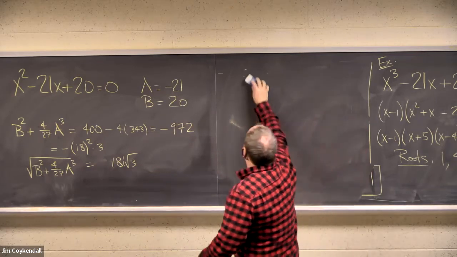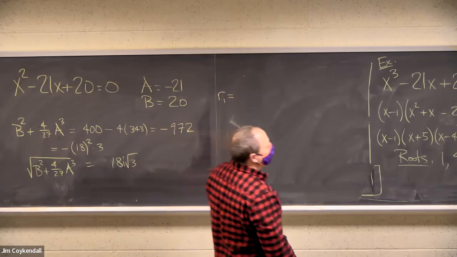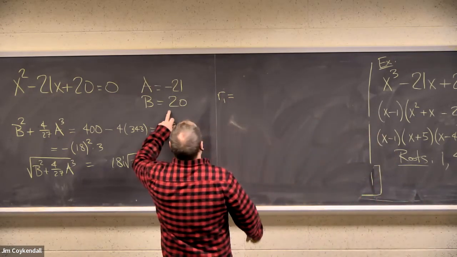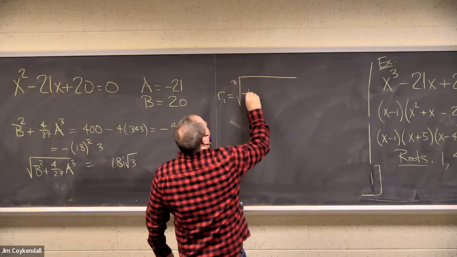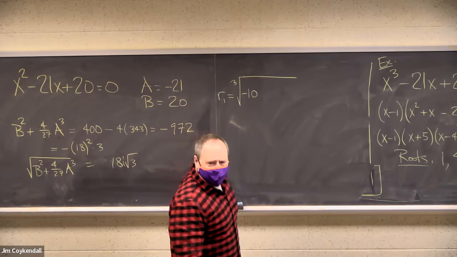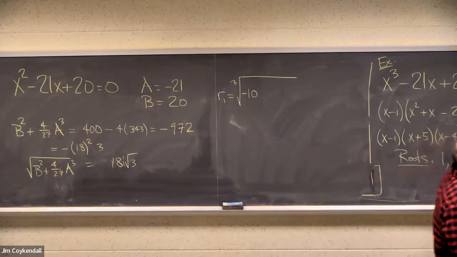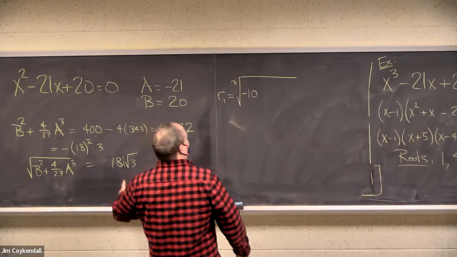So let's go back to the well with our formula here. Let's see, -b/2, that's going to be -10. Agreed. And this garbage divided by 2 is going to be 9i radical 3.